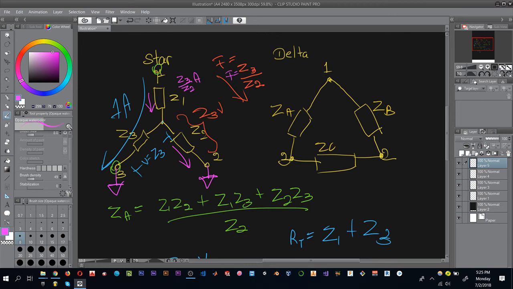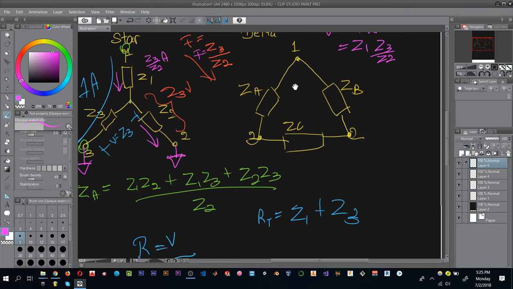How do we calculate the voltage dropped by this Z3 upon Z2 amps? Voltage is equal to current times resistance. The resistor is Z1. I'm trying to get the voltage drop of Z1 because of this little extra current. So we get Z1, the resistance, times the current through it, which is Z3 upon Z2.